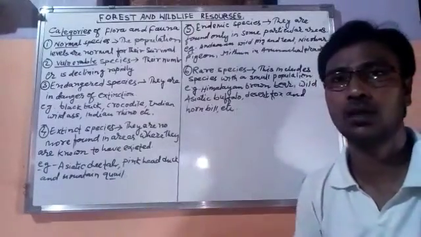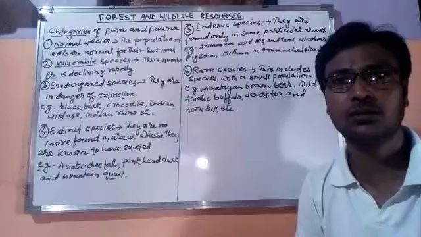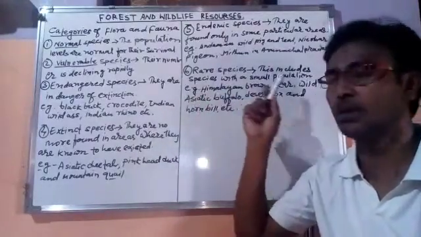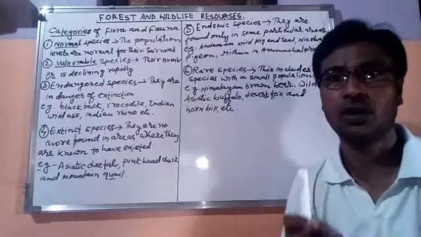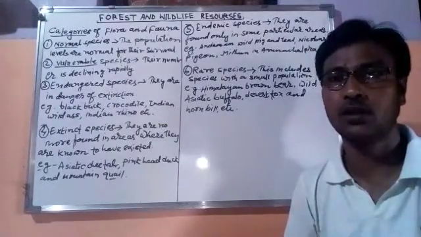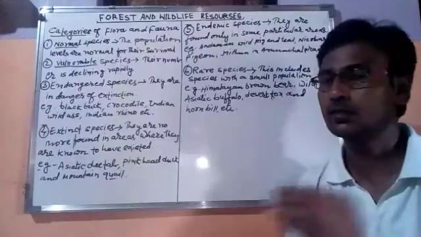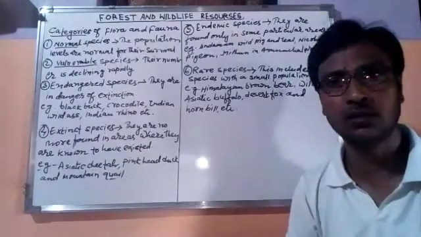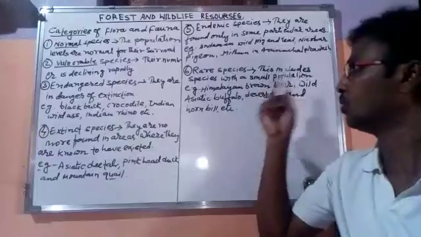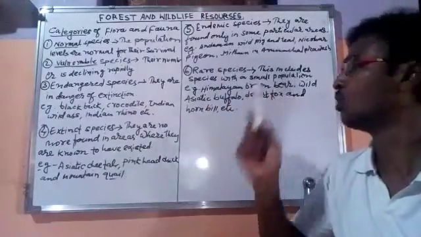The sixth is the rare species. Students, by the name itself you can understand, rare species of flora and fauna are very rare, their number is very small on the earth's surface. So they are rarely seen and rarely found. These include species with a small population.